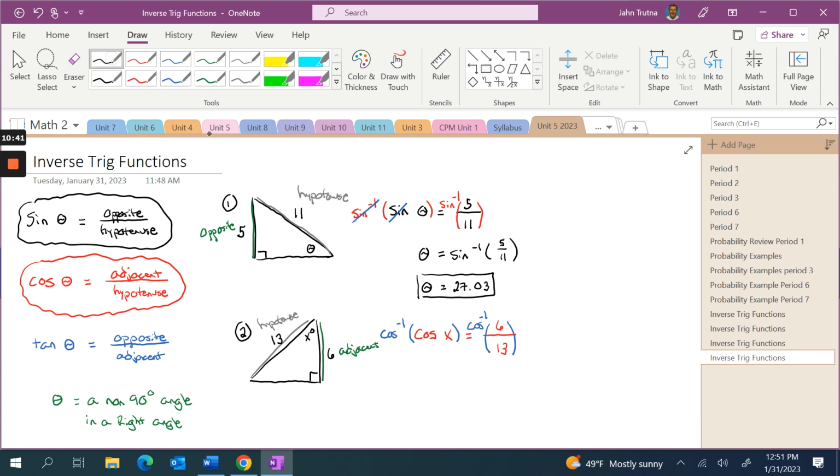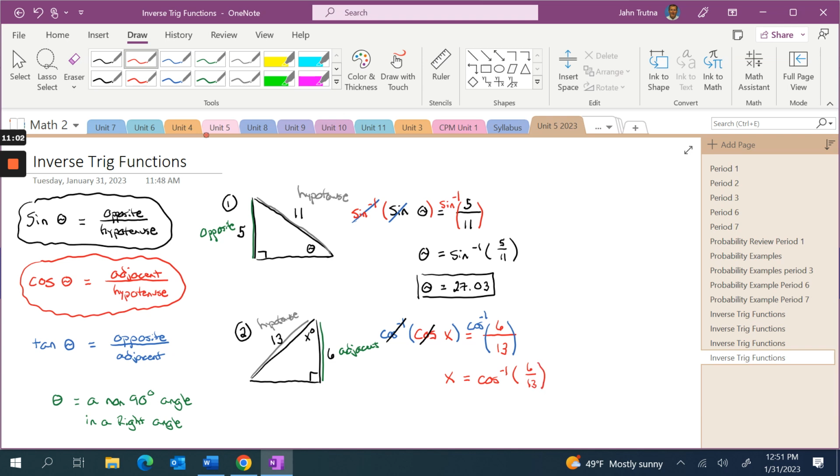When you multiply cosine -1 with cosine, the cosine -1 cancels the cosine out. And you can see what is left in my equation now is x is equal to cosine -1 of the fraction 6 over 13.